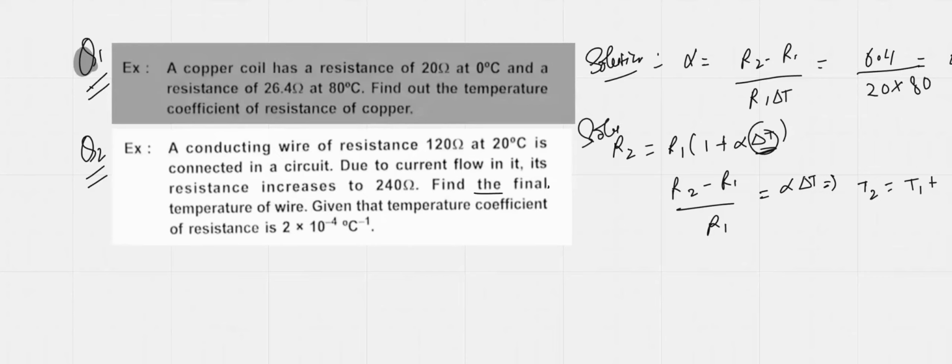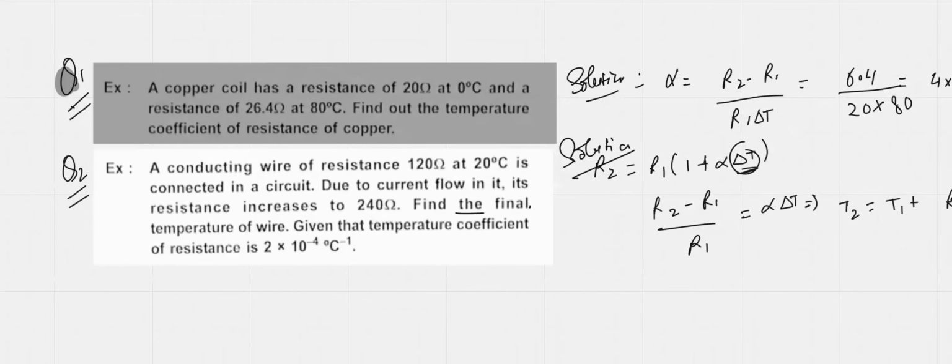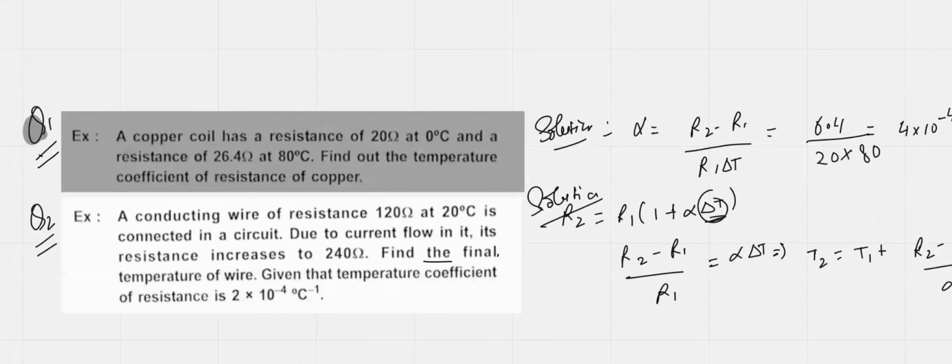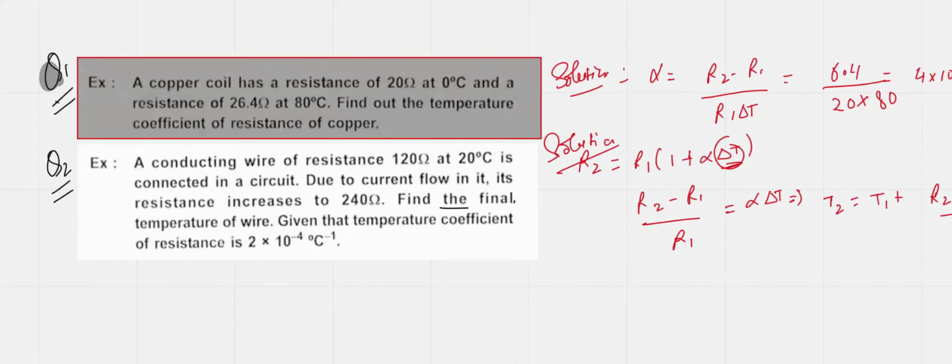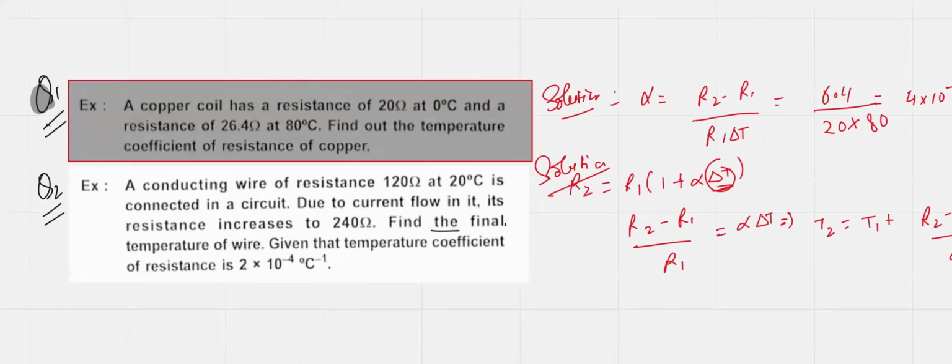So let's make all this in red. So we can just put the values. T2 is equal to, instead of T1, I can put 20 degrees because this is the initial temperature, plus what is final R2?